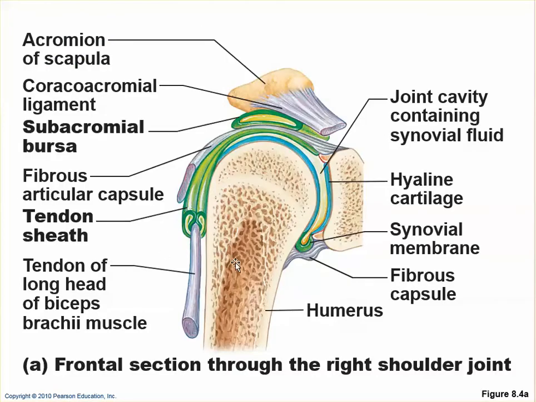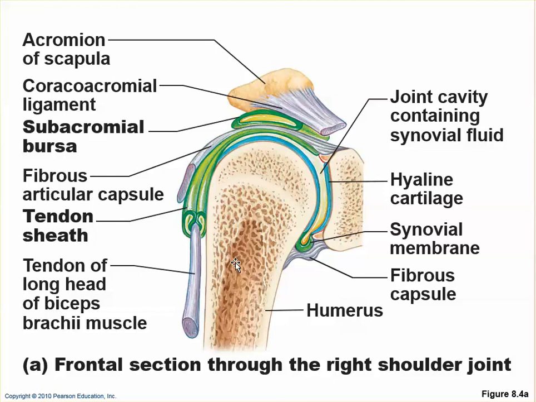Now, it's interesting. People don't tend to get tendinitis, even though a lot of people think they have it. The tendon itself doesn't get inflamed. What they get is tenosynovitis, which is an inflammation of the tendon sheath. It's very painful.